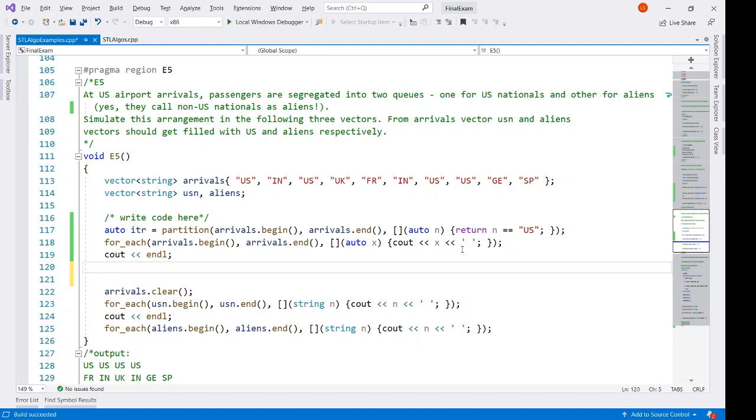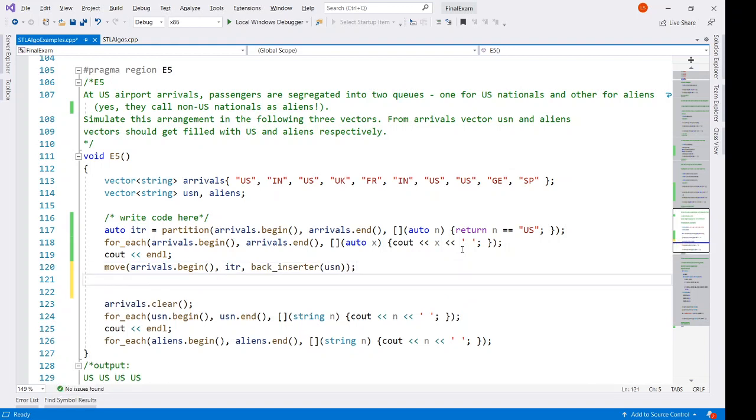In this case, we want to move, because we are moving the people from the common queue to the actual queue, so no copying, move. So we will move the arrivals dot begin, that's our begin of the US partition, and what is the end? The iterator, right? So we want to move it to the destination vector, which is the USN vector.